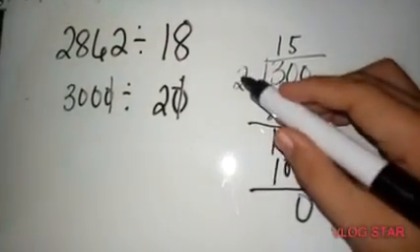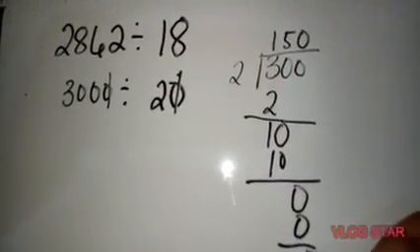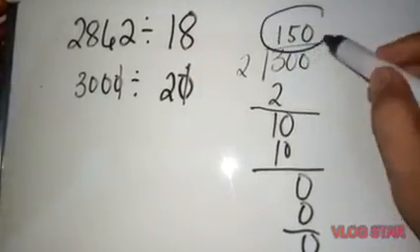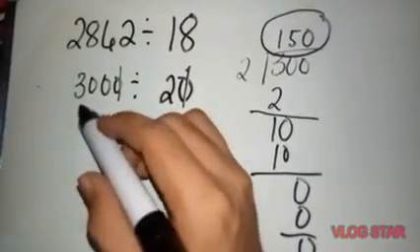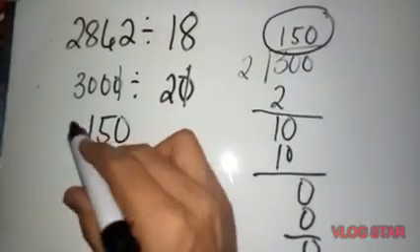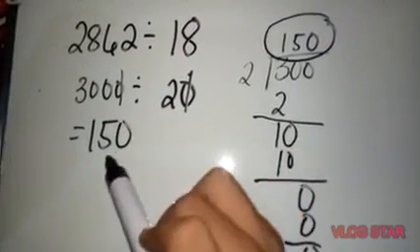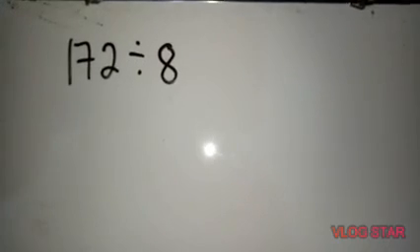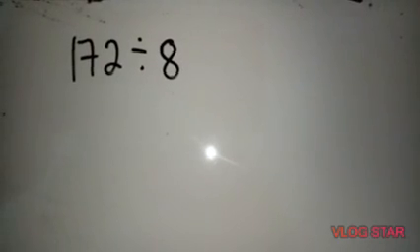So 0 divided by 2, the answer is 0. 0 times 2, the answer is 0. So our quotient is 150. So 3,000 divided by 20 is 150.